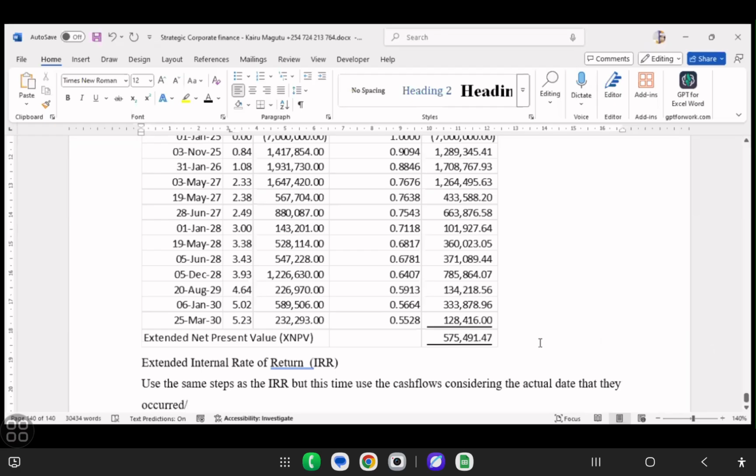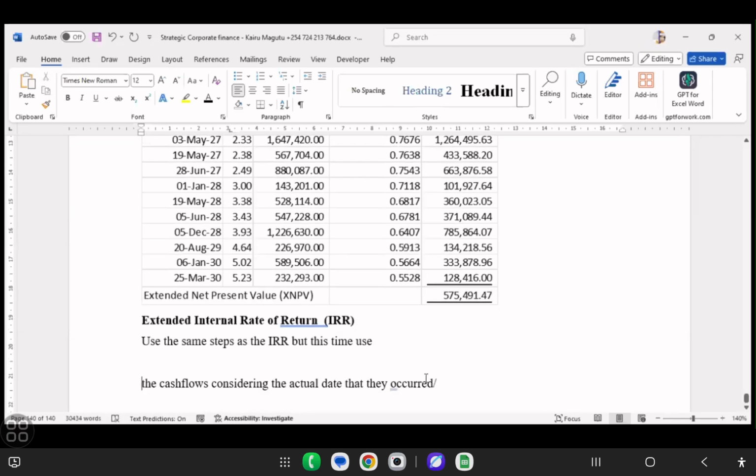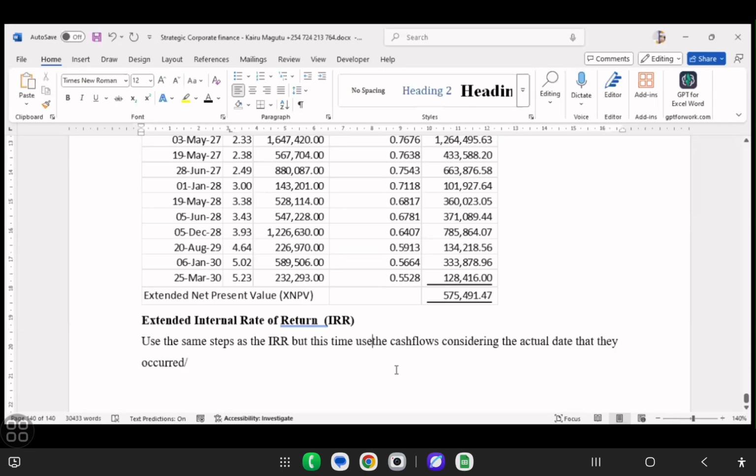So we are just taking the same argument, but here we are not using the NPV, we are using the extended NPV. I just wanted to demonstrate that one, not necessarily because it will be tested in an exam, but to make you understand that there are better methods of evaluating projects.